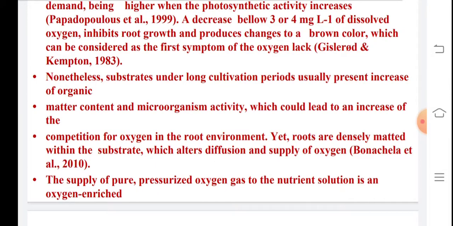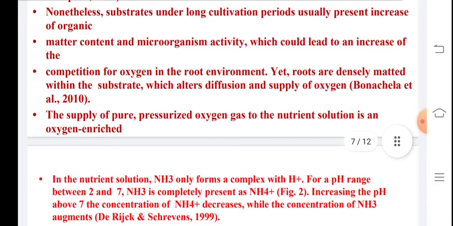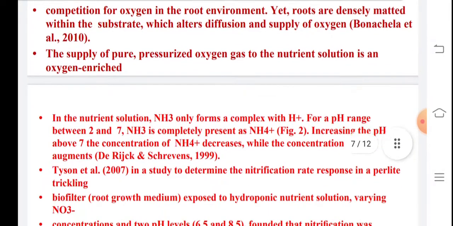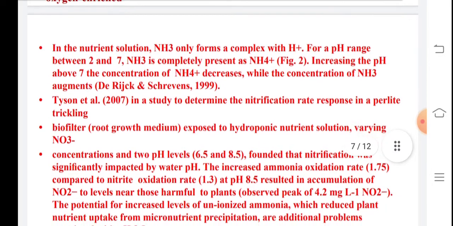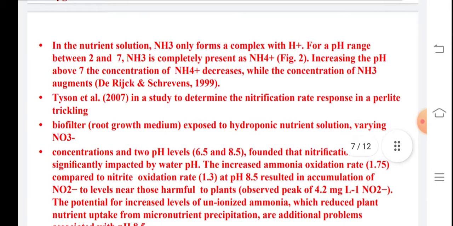Then competition for oxygen in the root environment. There is a dense matting in the substrate, so the oxygen diffusion is generally altered, and there is a supply of oxygen. So like this, we have to consider the nutrient solution condition. In nutrient solution, NH3 and others play an important role.